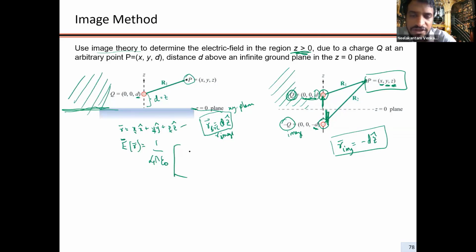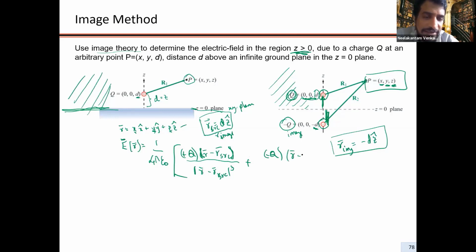So what can I have here then? The plus q, R minus R source, this vector divided by the magnitude of R minus R source, the whole cube, plus minus q, R minus R image over the magnitude of R minus R image, the whole cube.